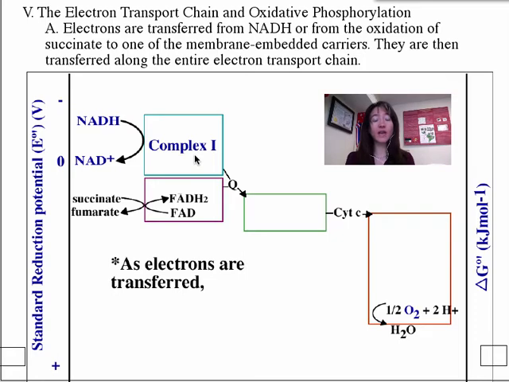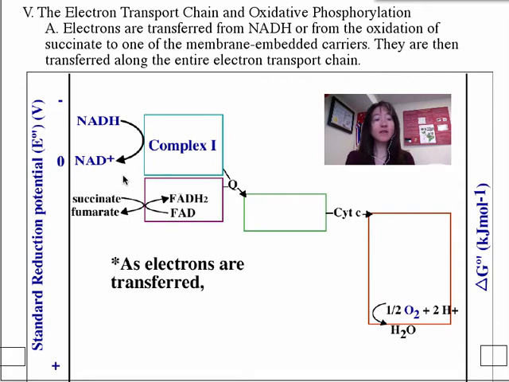Likewise, the next complex of the electron transport chain that the electrons eventually go to will have a greater standard reduction potential than does complex 1. And throughout the entire chain, the standard reduction potentials get greater and greater and greater. Said another way, as you go through the electron transport chain, the members of the chain have more and more and more desire for the electrons.